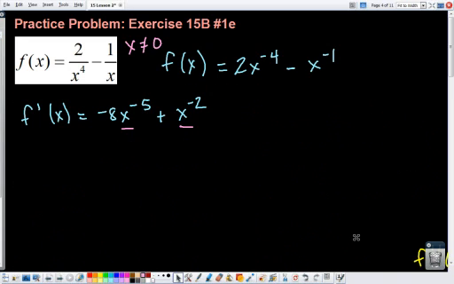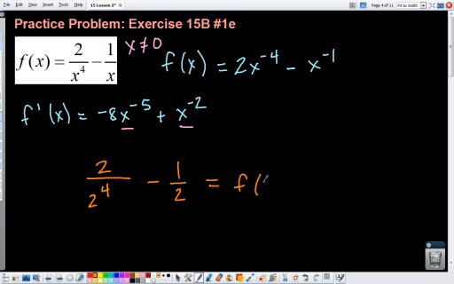So 2 divided by 2 to the fourth minus 1 divided by 2 equals f of 2. Okay, so that's 2 over 16 minus 8 over 16. I'm just writing this with a common denominator.